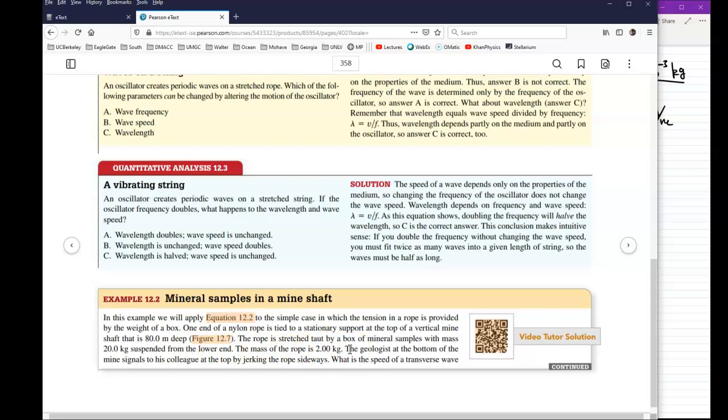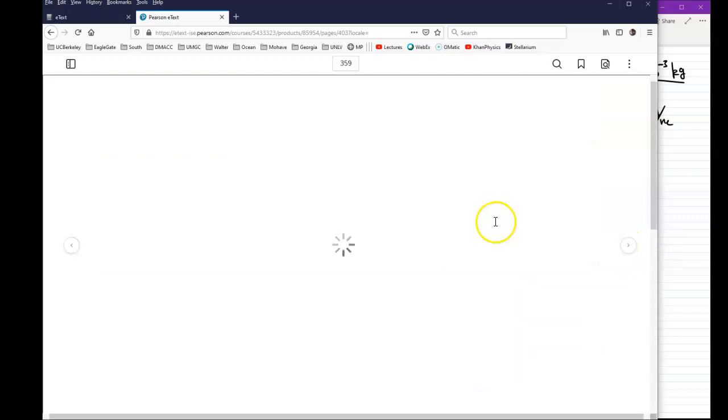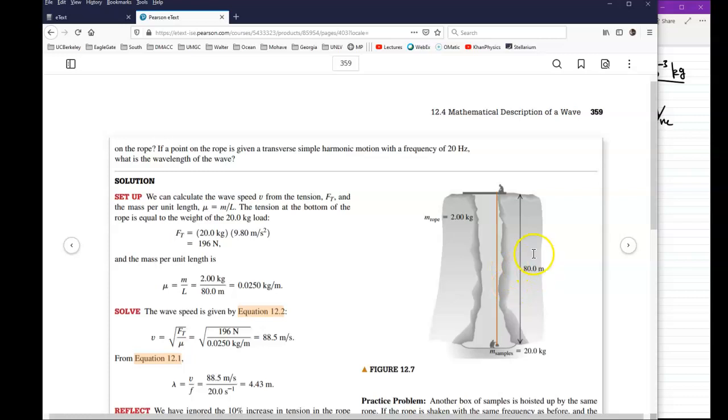He wants you to get the linear density. The geologist at the bottom of the mine signals to his colleague at the top by jerking the rope sideways. What is the speed of the transverse wave? There is a picture right here. You can see the mine shaft.